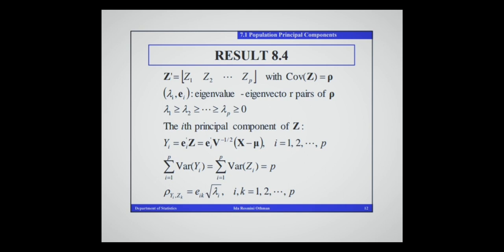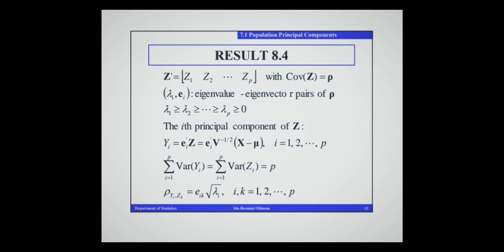Okay. So if we want to find the first principal component, it will be y1 equal to the transpose of e1 multiplied by z. Z will be z1, z2, z3, right, when we standardize the variables earlier, we transform from x to x minus mu divided by sigma. Okay.